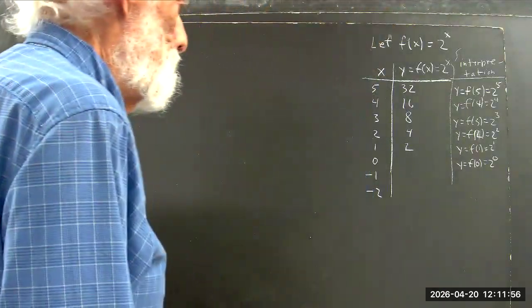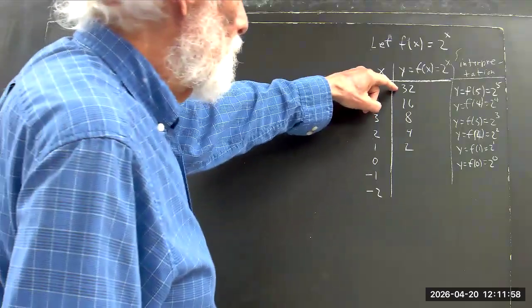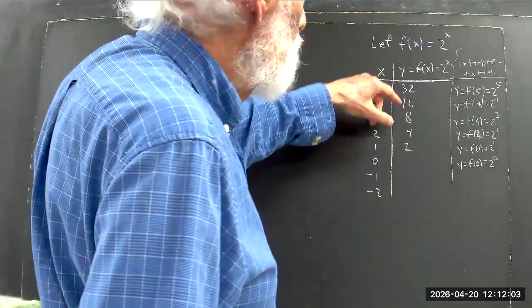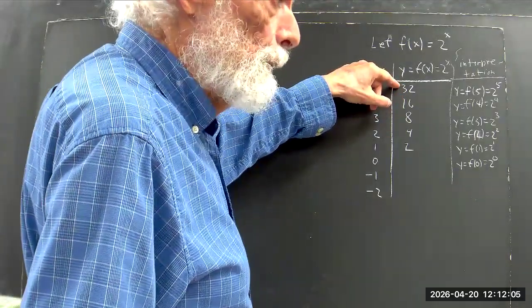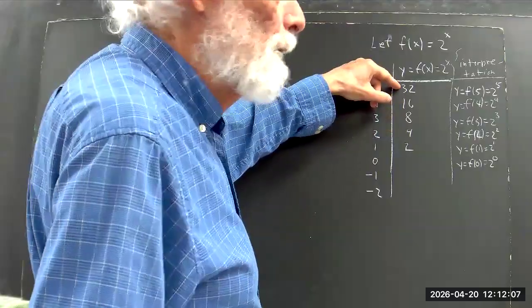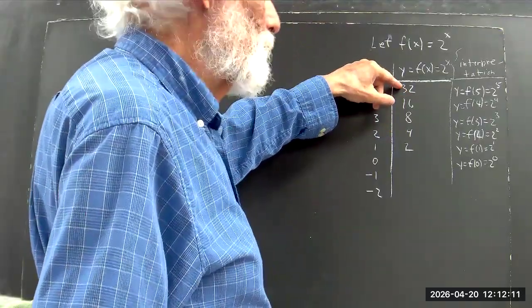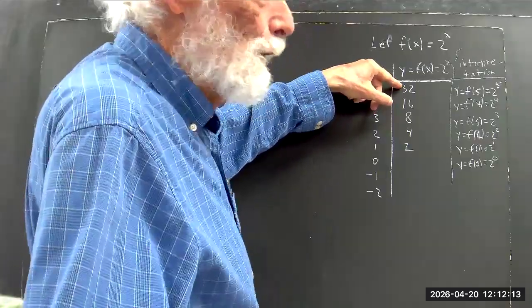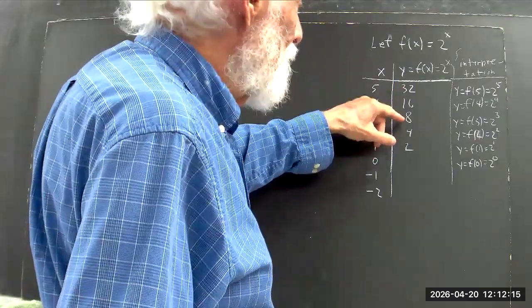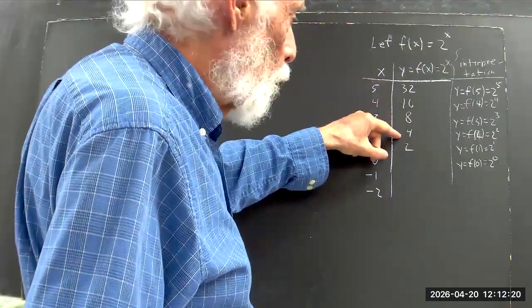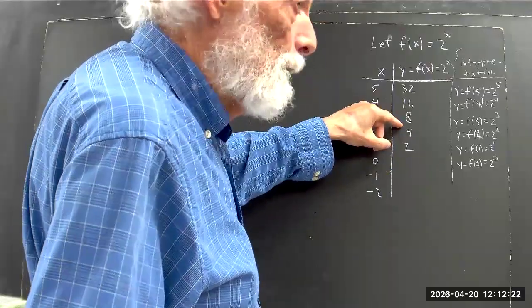What is that? Let's look at the pattern of these numbers. How is 16 related to 32? Well, 16 is half of 32. You should know your numbers and divisions well enough that that's obvious. It should be even more obvious that 8 is half of 16, 4 is half of 8, 2 is half of 4.